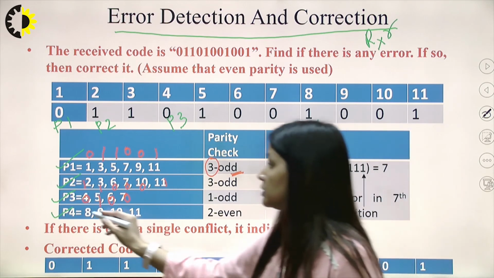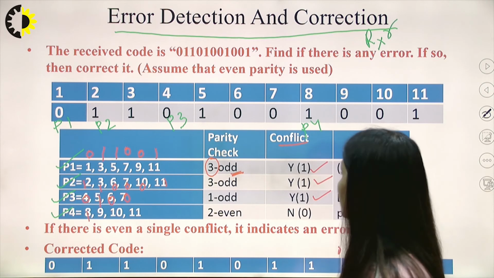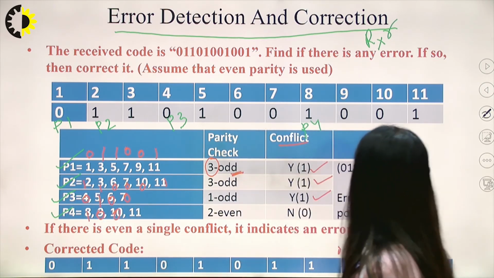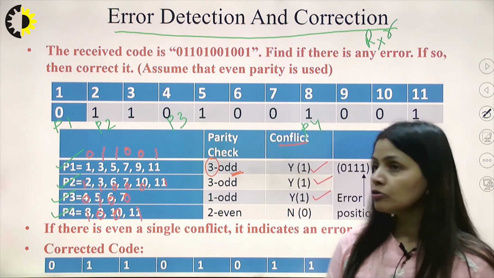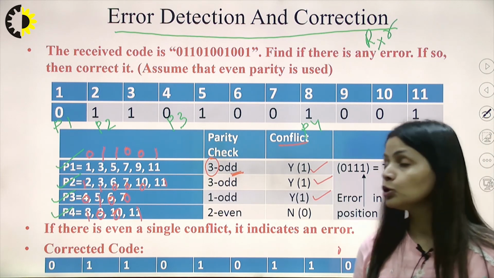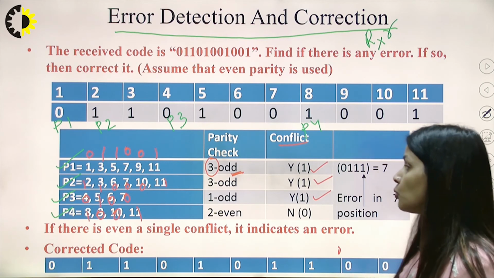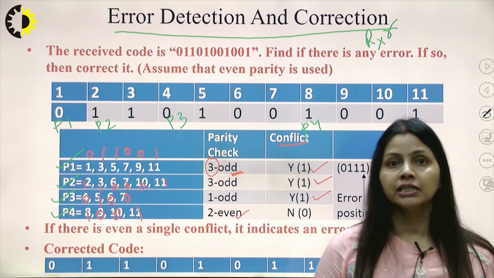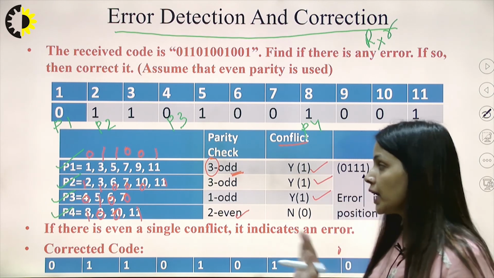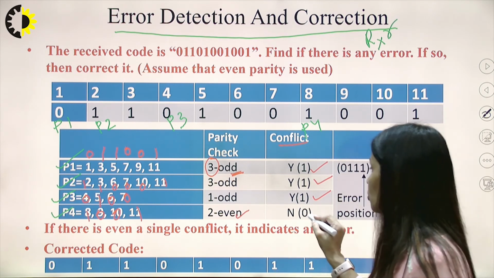Now for the next, P4 calculation, 8 is 1, 9 is 0, 10 is 0, 11 is 1. Now the receiver can see that here it is having 2 ones, and 2 is an even number. The receiver says no, I don't need to add any parity to my data sequence, so it will put no as 0.